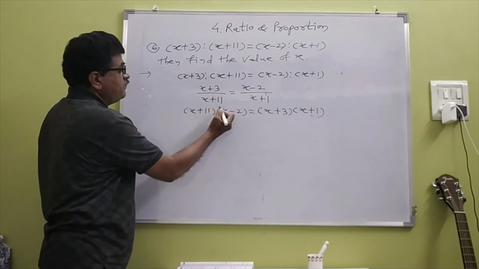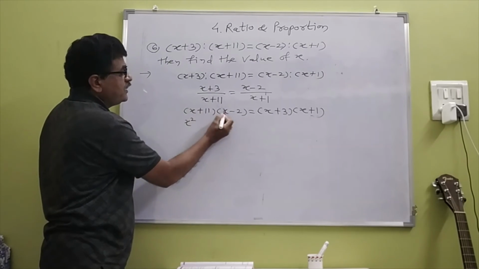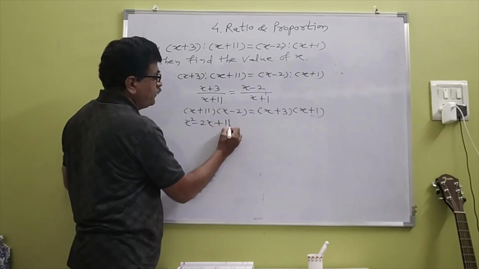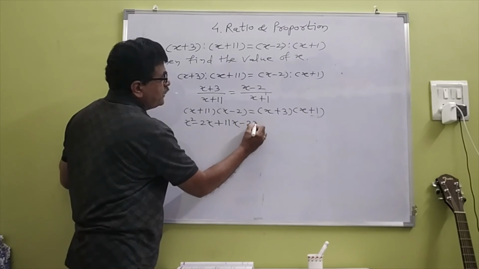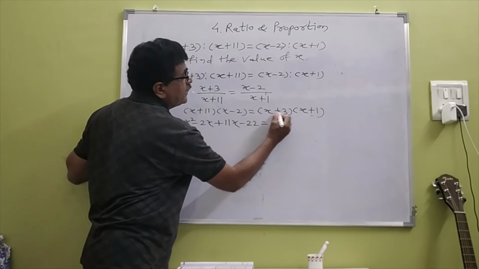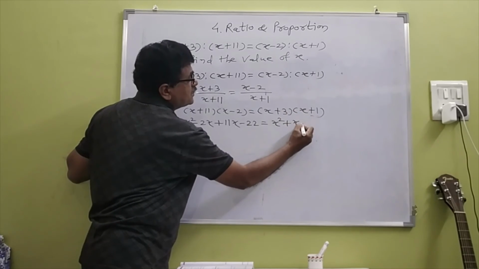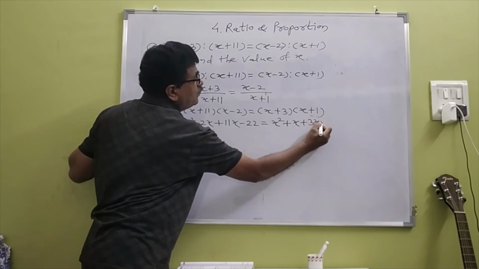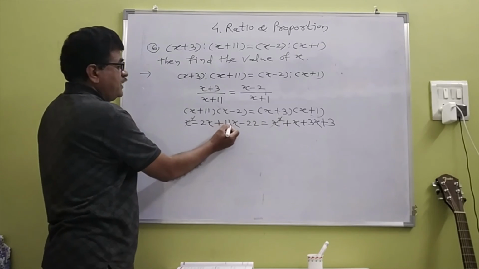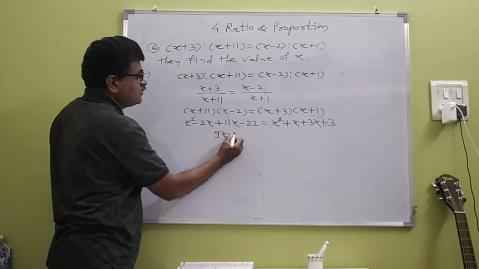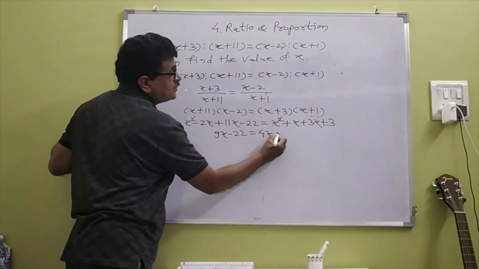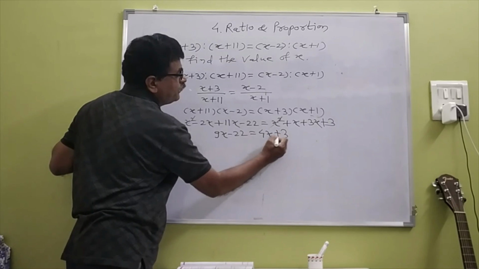Taking multiplication, x into x square minus 2x plus 11x, 11 into 2 minus 22 equal to x into x square plus x plus 3x plus 3 into 1 is 3. Here x square get cancelled. 11x minus 2x is 9x minus 22 is equal to 1 plus 3, that is 4x plus 3.